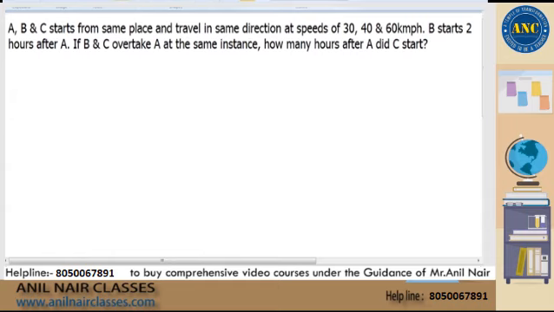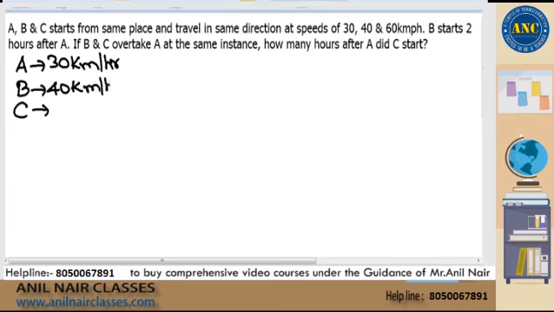Second one. A, B and C. First let us read the question. A, B and C start from the same place and travel in the same direction at speeds of 30, 40 and 60 kilometers per hour. First let us write the question. There are three people A, B and C. They start from the same place and travel at speeds of 30 kilometers per hour, 40 kilometers per hour and 60 kilometers per hour.